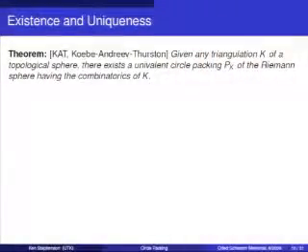Just to get started, the first result is the Koebe-Andreev-Thurston theorem. As Bill Thurston told me one time, and you'll have to check with him whether he still says this, he proved this in the morning, found a proof in the afternoon from Andreev's work.